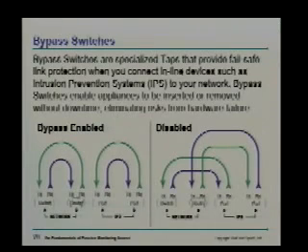Bypass switches are a means of fail-safe link protection. When you're putting your device in line, the bypass switch essentially has some smarts or some intelligence to know whether or not your IPS is up and running, based on maybe power or even a heartbeat packet that flows through.